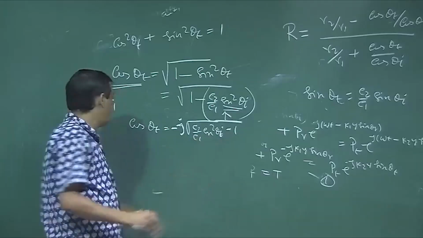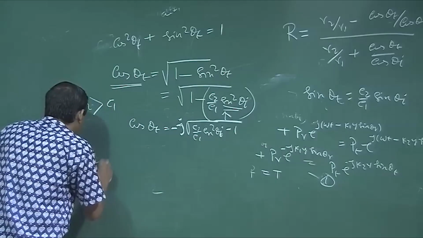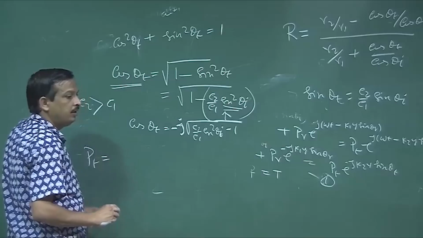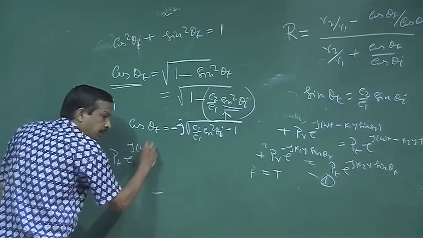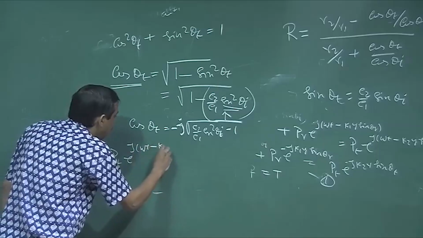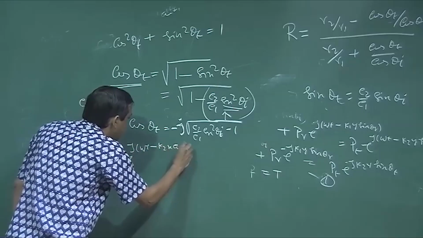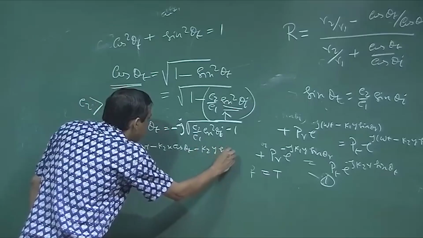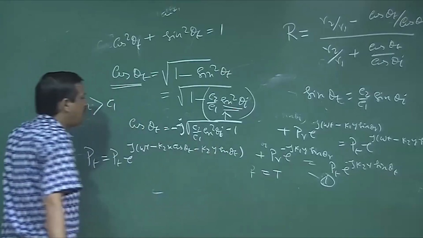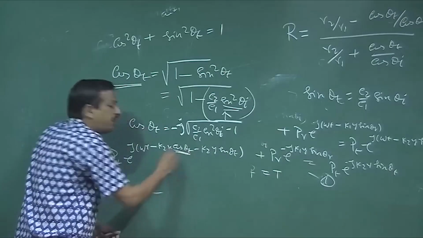Okay. Now, what is Pt? Pt is the amplitude times e to the power j omega t minus k2x cos theta t plus minus k2y sin theta t. That is why I calculated cos theta t.